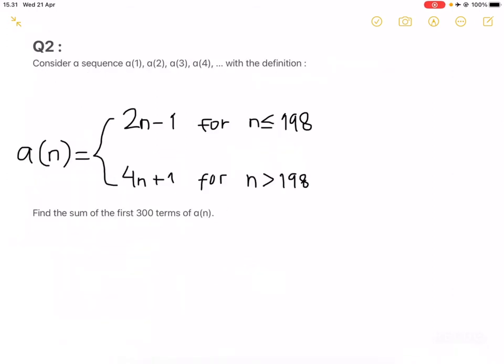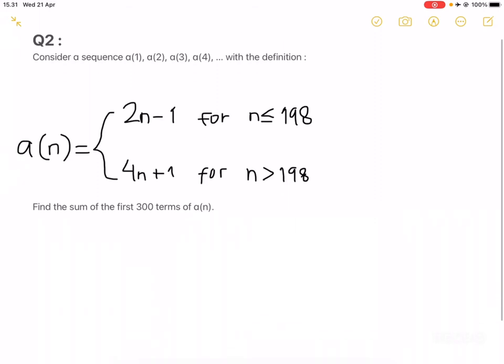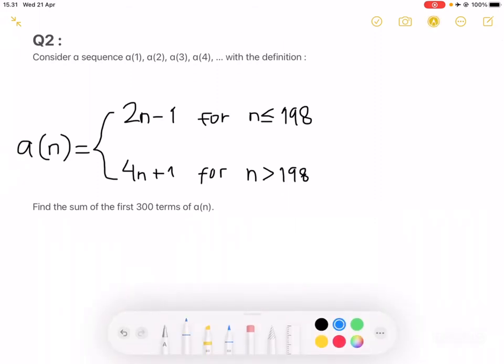Right, for question 2, consider a sequence A1, A2, A3, A4, and so on with the definition such that, and I should have said this, n must be a positive integer, A of n is either 2n minus 1 or 4n plus 1. You may notice that this looks like a piecewise definition for a sequence, very similar to a piecewise definition for a function.